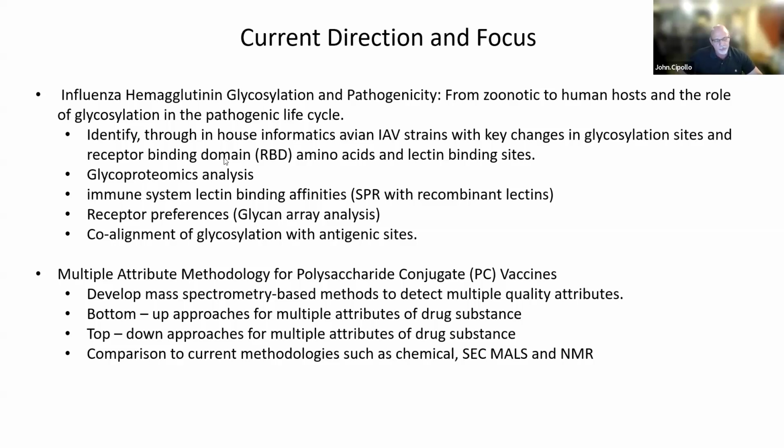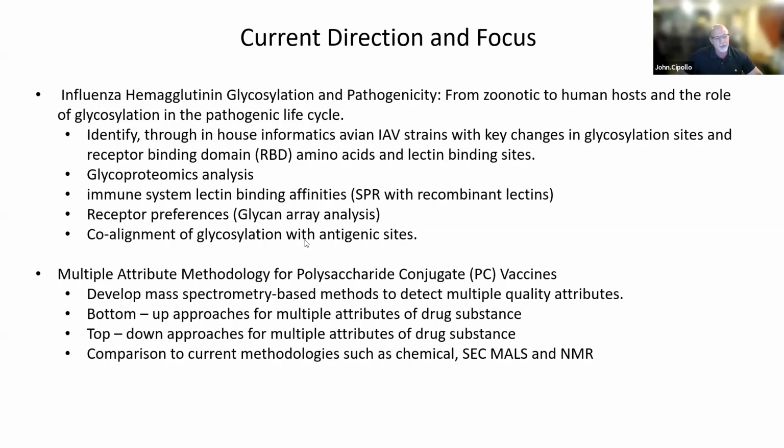So we will do glycoinformatics, glycoprotein analysis, and we will also look at, and we have looked at, as you'll see in some of the data here today, immune system lectin binding affinities. I'll show you two different formats to look at that.